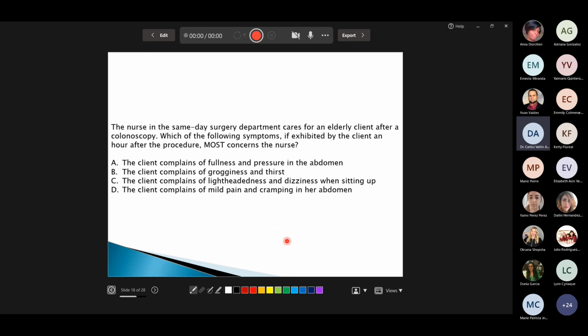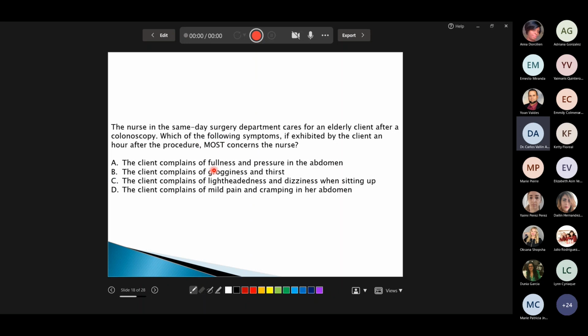Let's see this question. The nurse in the same day surgery department cares for an elderly client after a colonoscopy. What are the risks of a colonoscopy? Which of the following symptoms, if exhibited by the client 1 hour after the procedure, most concerns the nurse?